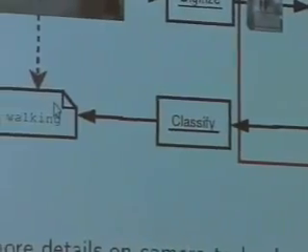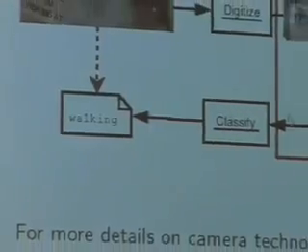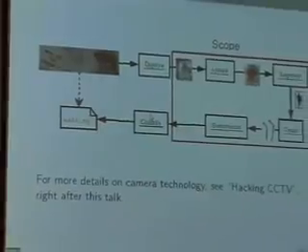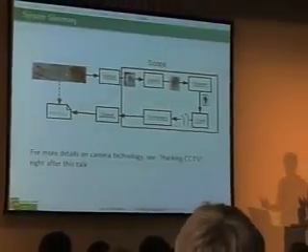You summarize this somehow, and then a classification comes out, and well, this is walking. I only talked about the parts in the red box here. The classification part, as talked about, is not about surveillance, but general machine learning is later in the evening, and there is a talk about camera technologies right after this one.